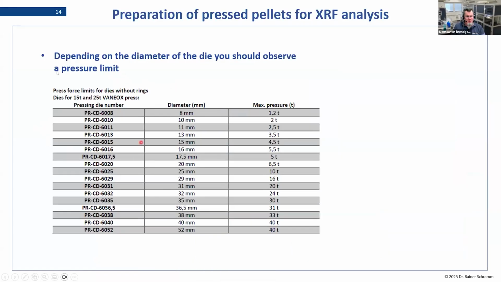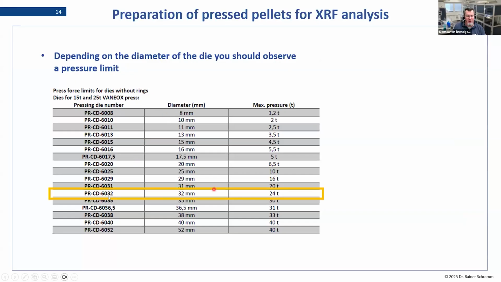Another frequent question when it comes to the pressing dies: they come in various diameters to fit basically the position on your spectrometer. There is 32 millimeter for a disc, or 40, or a few others, but 32 and 40 are the ones that we mainly use in our laboratory. And there is a maximum pressure that you should observe here.